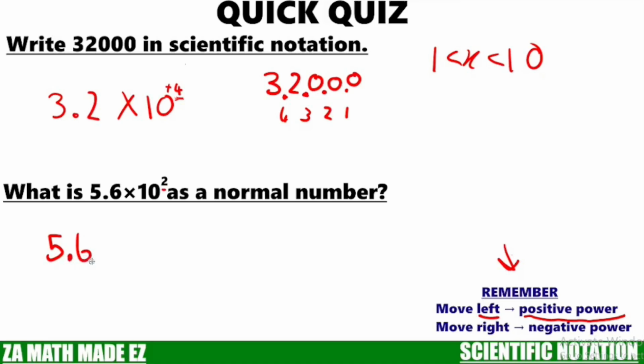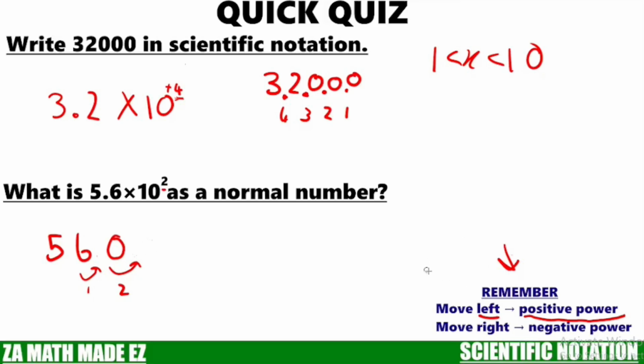So 5.6, move the decimal point once to the right. That's once. Let's move it again to the right. That's twice. Now let me erase this. And that would result in the number being 560.0. Okay, I erased that, but just remember it's there. It's imaginary, but it's still there. And that is how we convert a number from scientific notation back to a normal number.